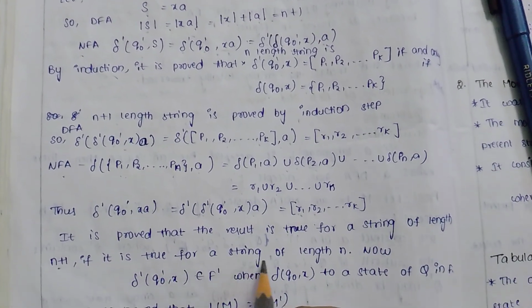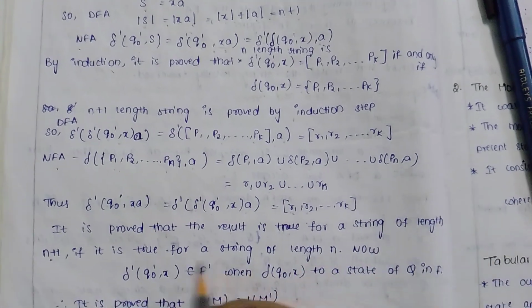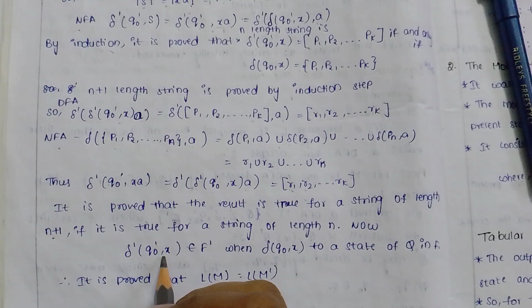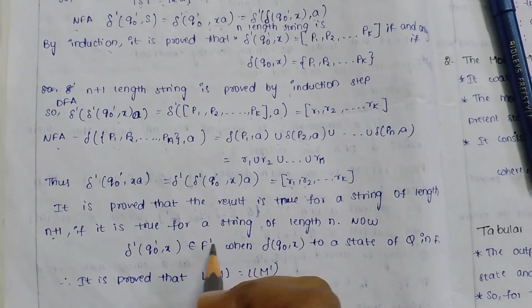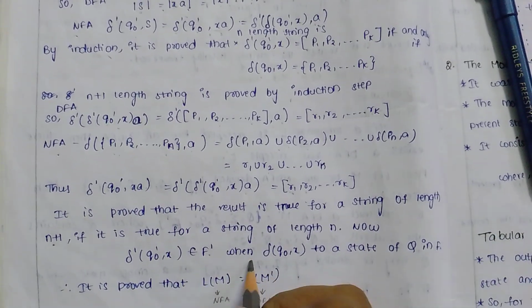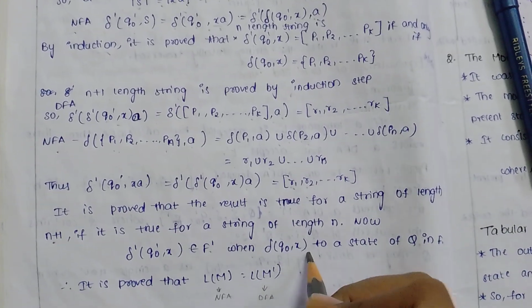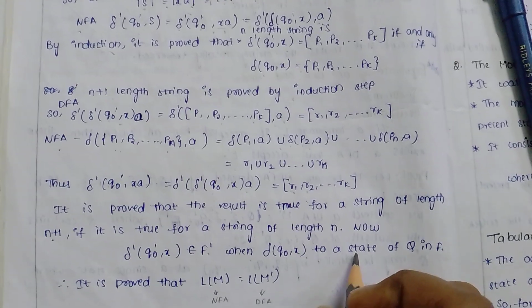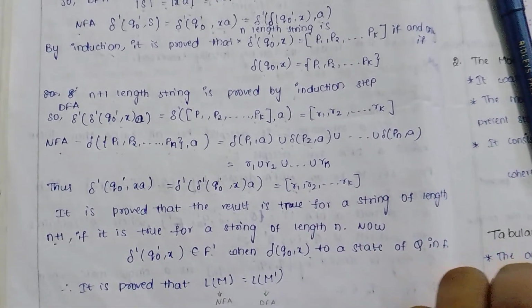If it is true for a string of length n, now δ' of q0' with input x belongs to the final state in the DFA when δ of q0 with input x belongs to the final state in the NFA.